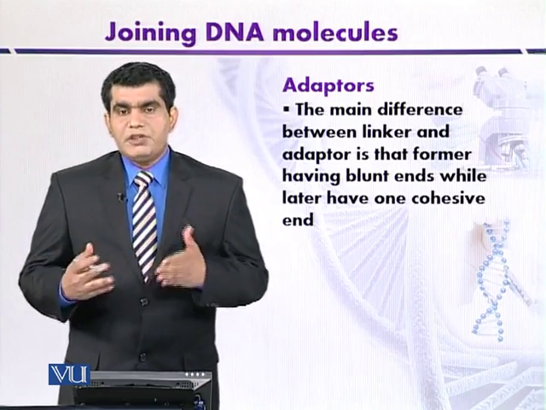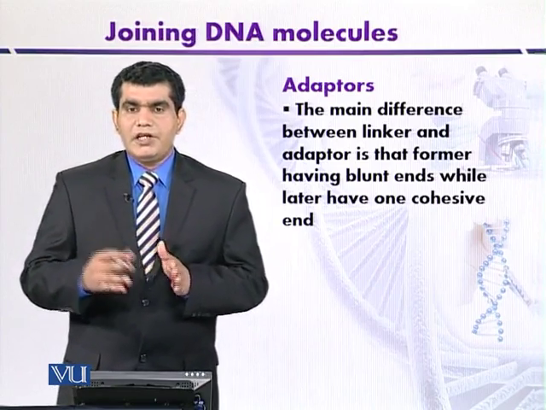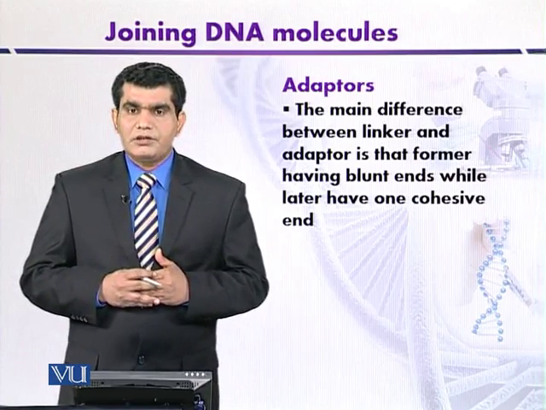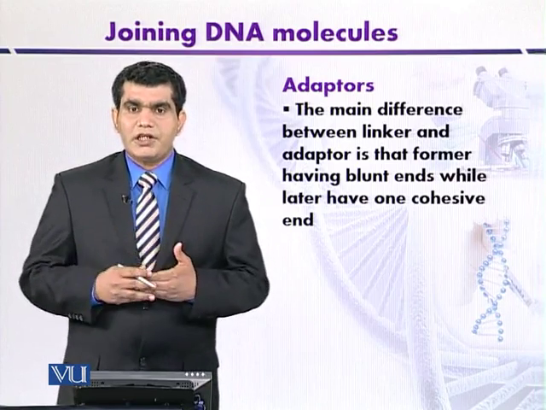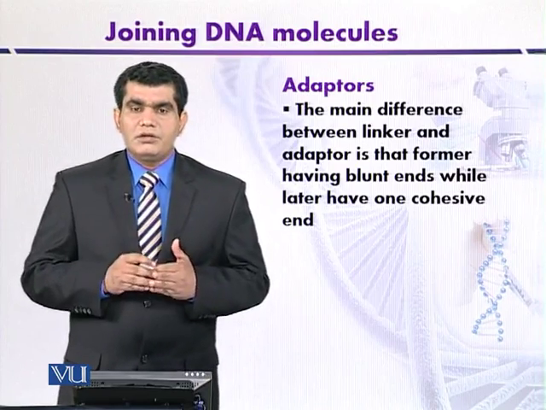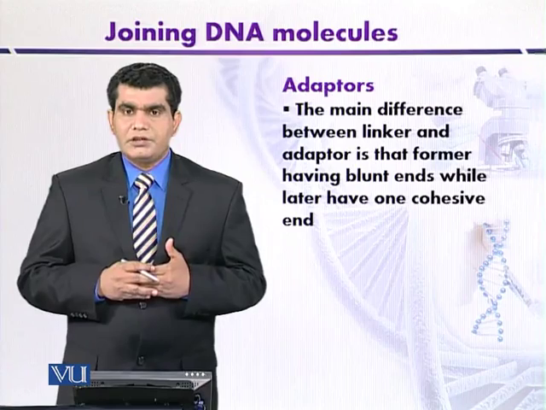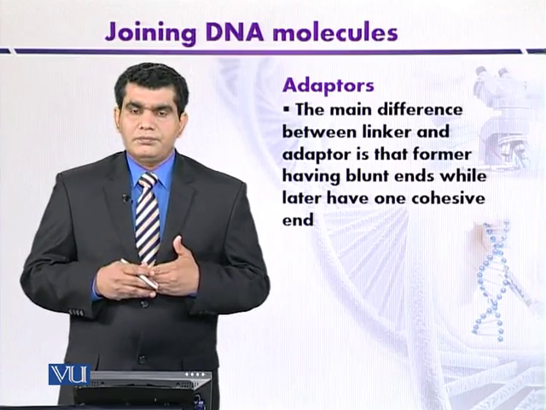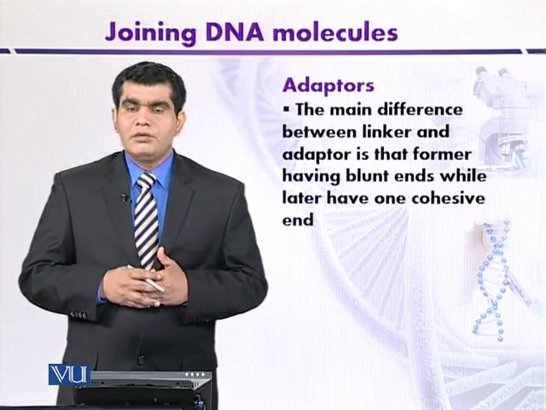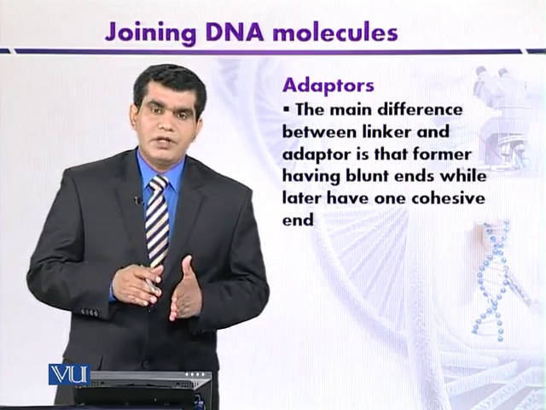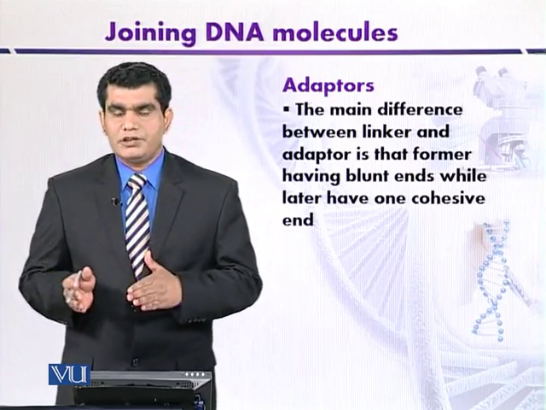The main difference between linker and adapter molecule is that, as you may have noticed, in the linker both ends are blunt, whereas in the case of the adapter one end is cohesive and the other end is blunt.